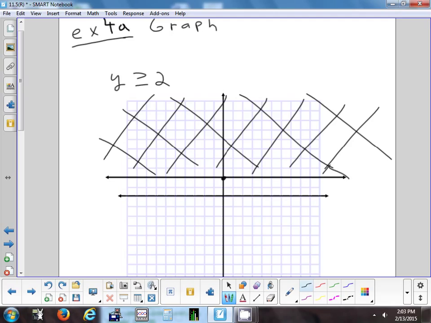Y is greater than or equal to 2. All the numbers that are greater than 2 are going to be in that part of the graph. Everyone see that? You're just basically picking all the Y values above 2. Doesn't matter what X is. We don't care about X. We just want to pick Y values bigger than 2. Any question on that one? Okay.